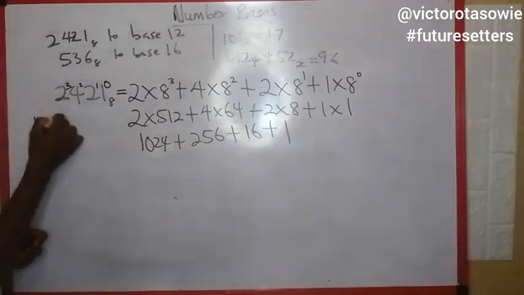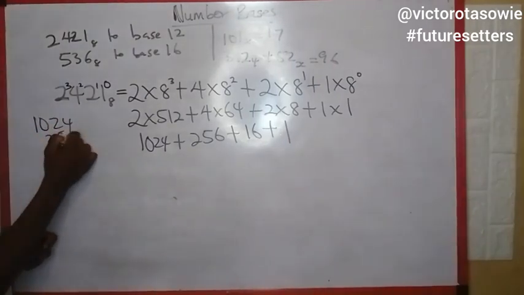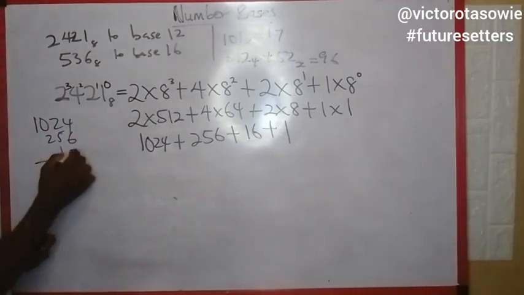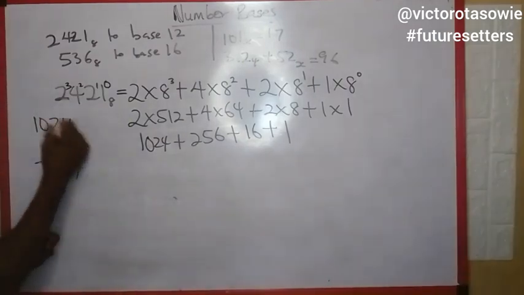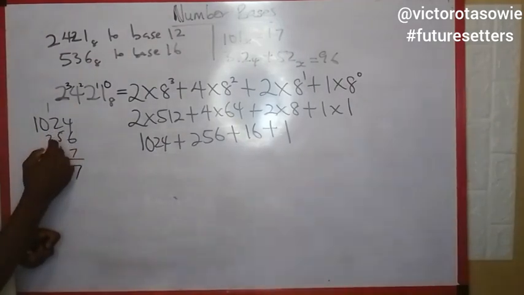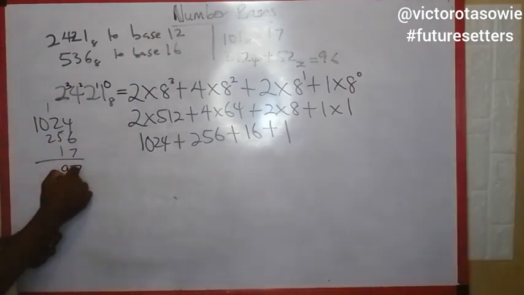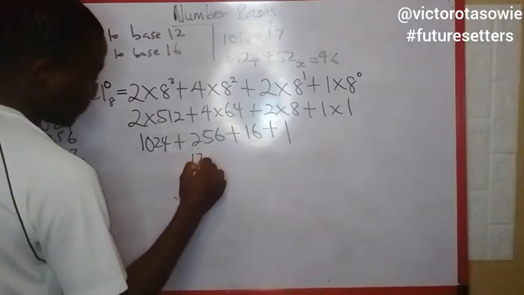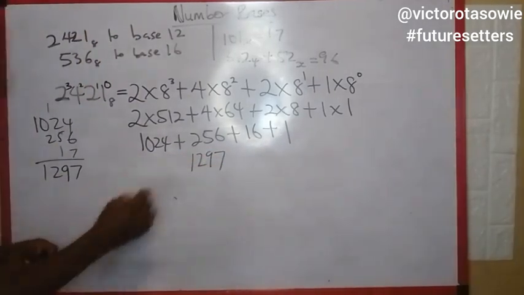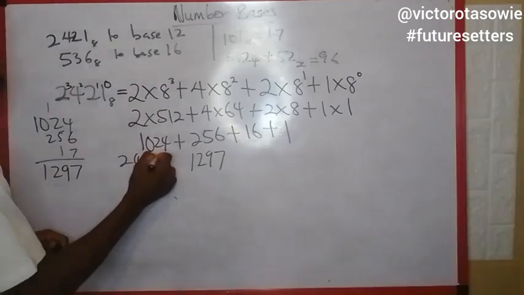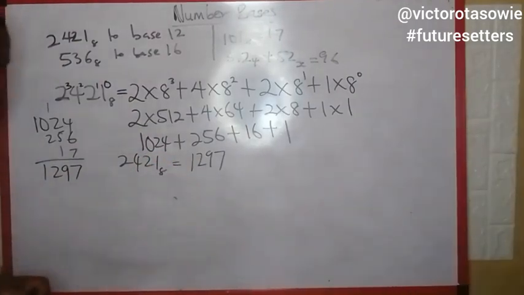If we add this together, we get 1297. So 2421 base 8 is equal to 1297 base 10.